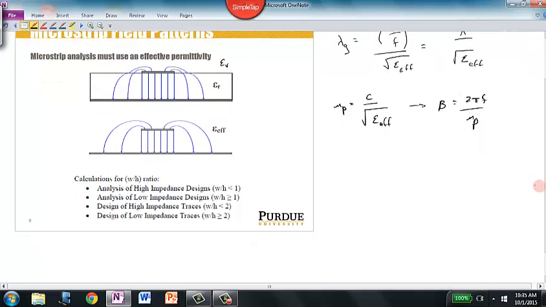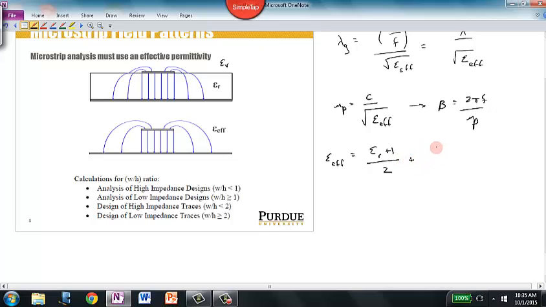So the exact method for solving for epsilon effective in this situation is pretty far beyond the scope of the class. I'm just going to present an empirical solution for effective electric permittivity, and it is epsilon effective is equal to the relative permittivity, epsilon r, plus 1, divided by 2.